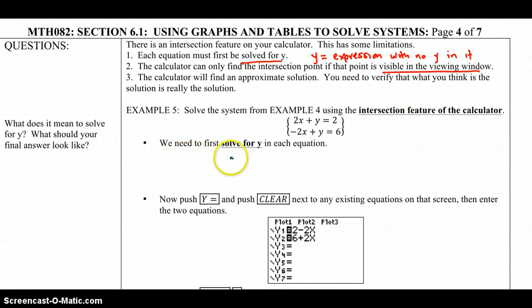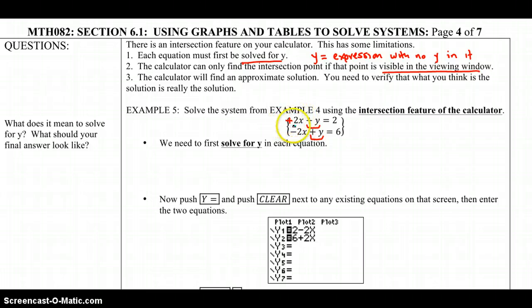So the first thing that we need to do is solve for y in each equation. And so here's y in our first equation, and here's y in our second equation. On the current side that y is on in our first equation, it already has a positive coefficient. So to get y by itself, remember there's a plus 2x. This is assumed to be positive if there's no sign given.